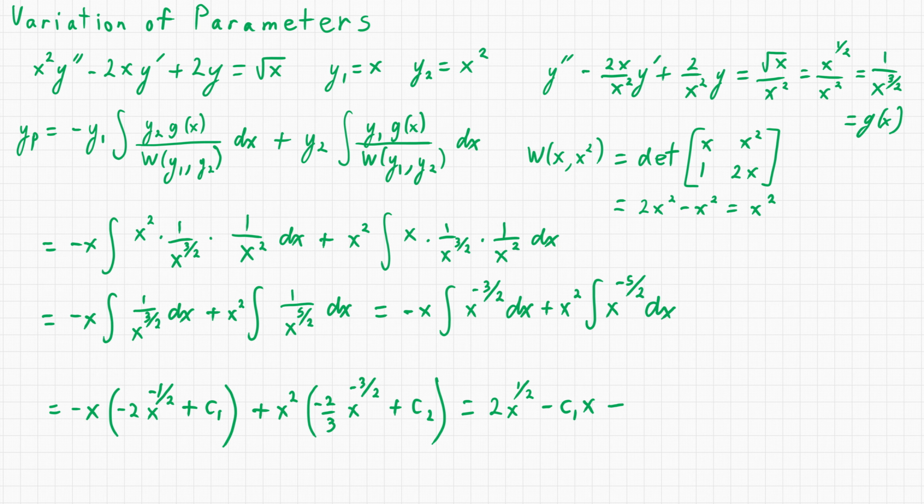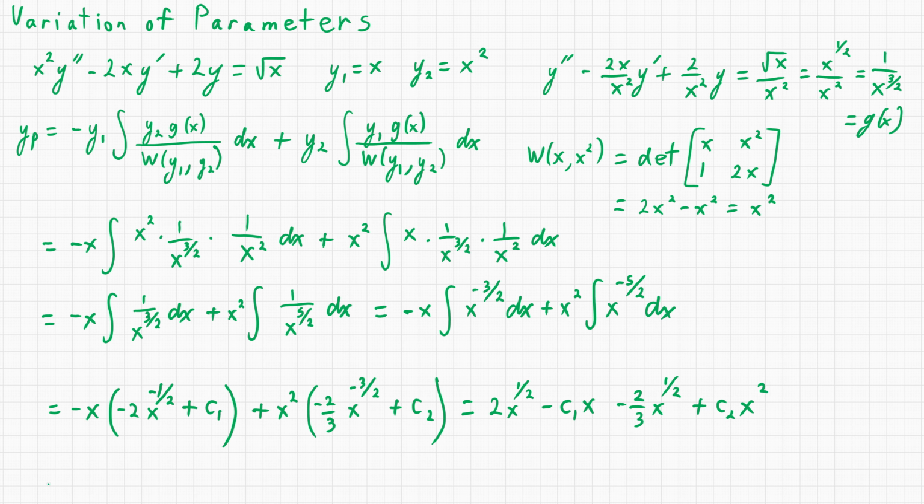And then I've got x squared times negative 2/3 x to the negative 3/2. So x squared times x to the negative 3/2, that ends up being x to the positive 1/2. So I actually need to get rid of my plus, sorry. Let's say minus 2/3 x to the 1/2, and then I have a plus c2 x squared.